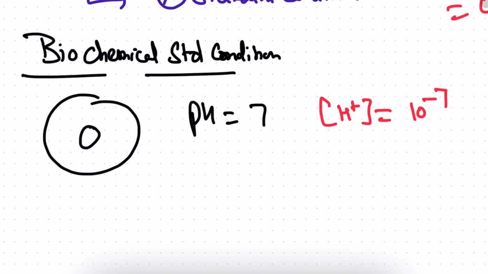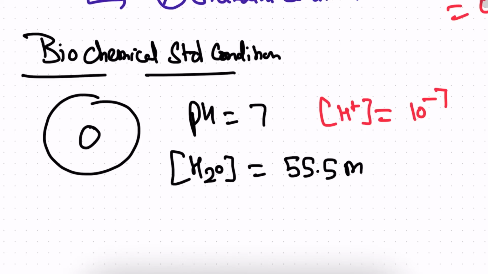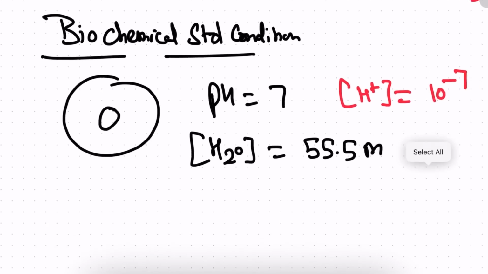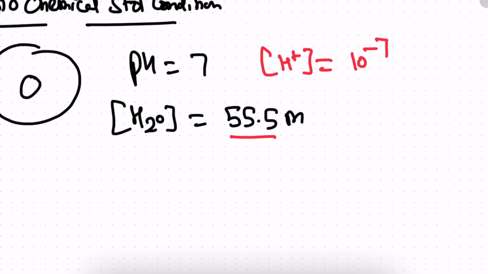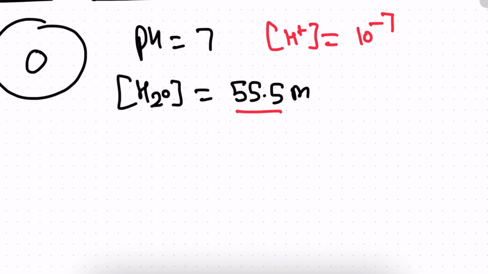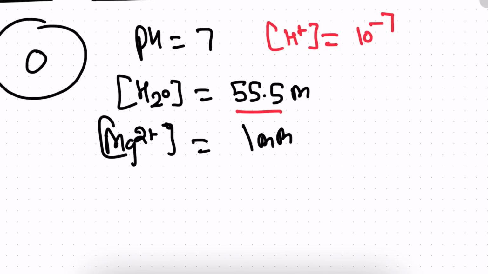Same way, the water concentration is 55.5 molar. Pure water has this molarity. In another video I will tell you why this value is 55.5 molar, if you don't know. And the magnesium ion concentration is 1 millimolar.